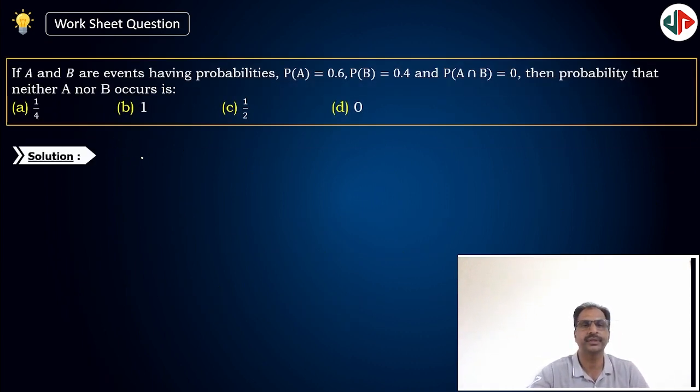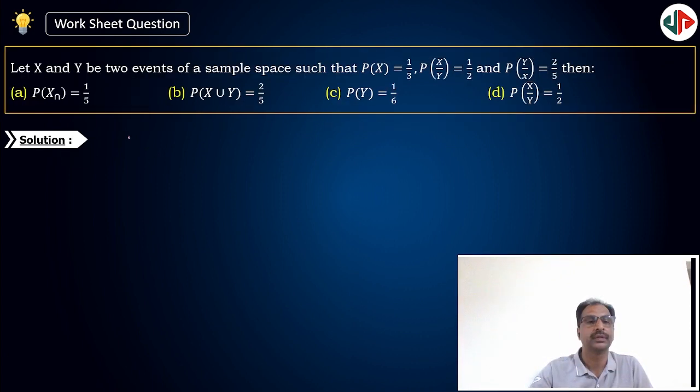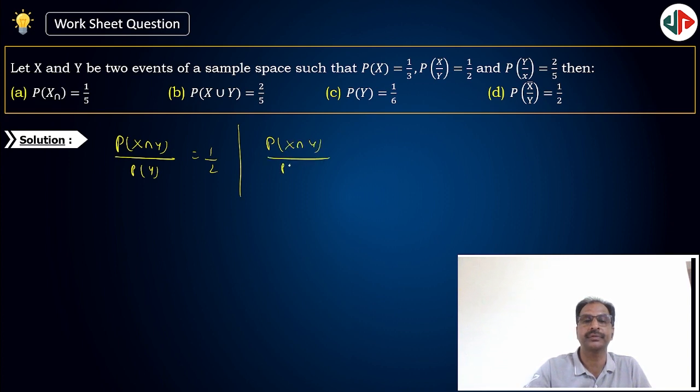X and Y are two events of a sample space. P of X by Y means P of X intersection Y by P of Y. P of Y by X means P of X intersection Y by P of X. This is given as 2 by 5.